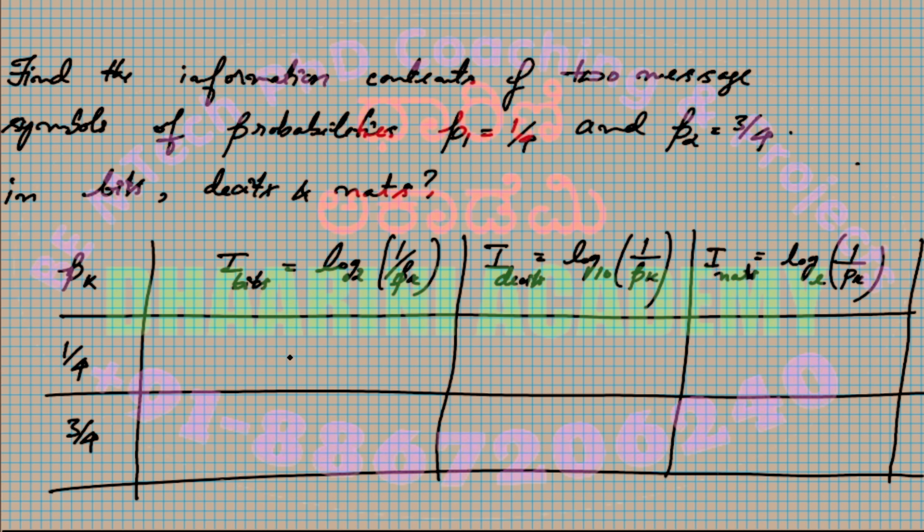So this is 2 bits. This is 0.602. Okay. So I in nats is 1.38. That's right. Correct. 0.28 for nats. 0.12.